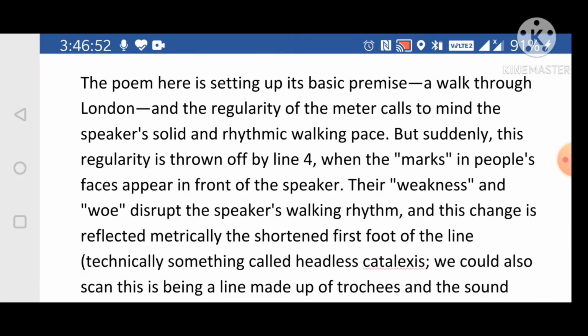But suddenly, this regularity is shattered in line 4, when the marks in people's faces appear in front of the speaker.